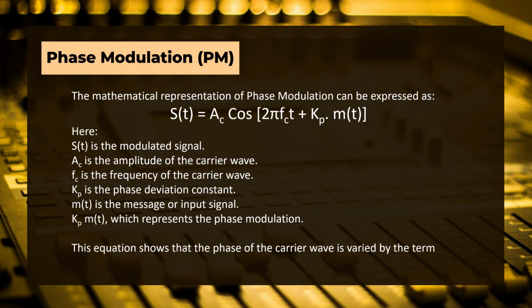Here s(t) is the modulated signal, Ac is the amplitude of the carrier wave, fc is the frequency of the carrier wave, Kp is the phase deviation constant, and m(t) is the message or input signal. This equation shows that the phase of the carrier wave is varied by the term Kp m(t), which represents the phase modulation. We will have a detailed derivation of this equation in our upcoming sessions.